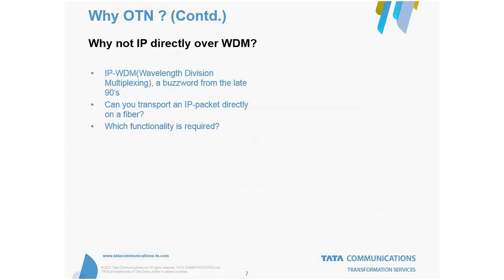Let's have a look at why IP packets couldn't directly move into WDM. Which functionality is required? Just think of some functionalities. Imagine an IP packet that travels in the optical layer. What would be required for that to travel in the optical layer?